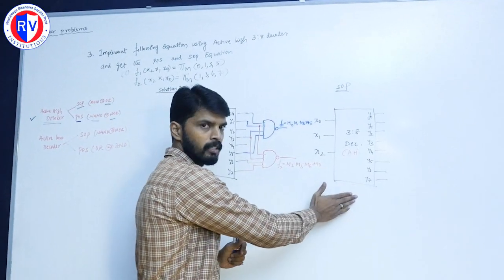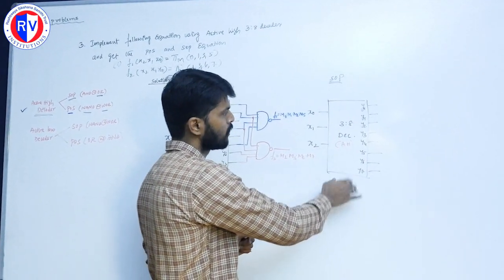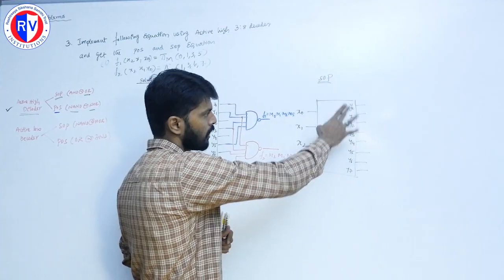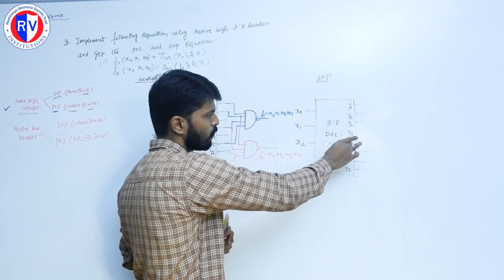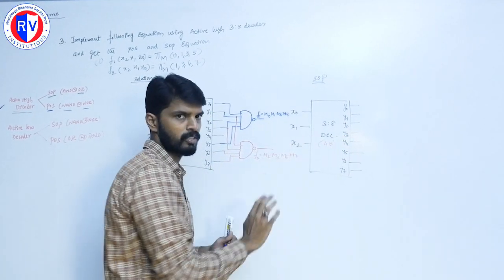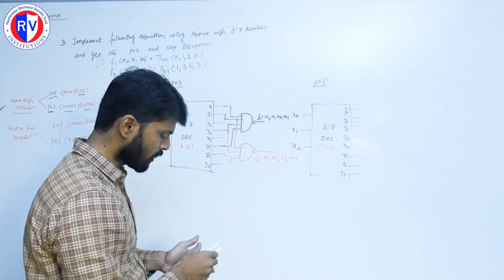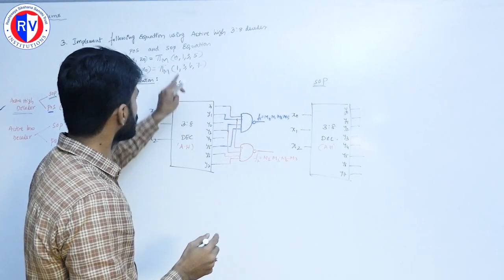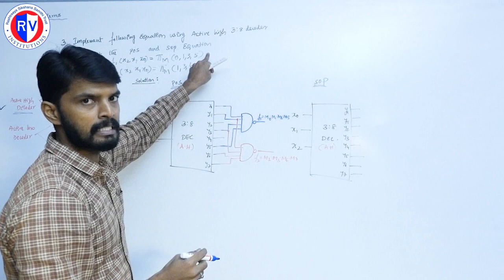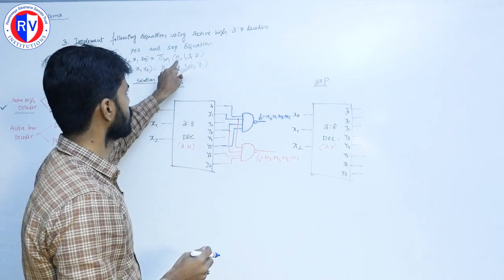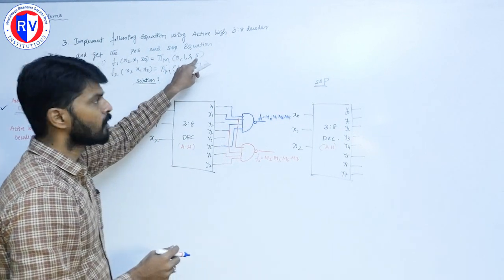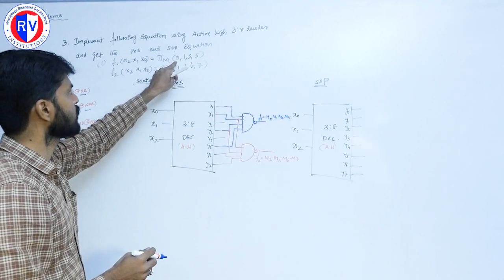Now in order to realize the SOP equation, we have inputs X0, X1, X2 and the outputs Y0, Y1, Y2, Y3, Y4, Y5, Y6, Y7, that is the 3:8 decoder. Here what we need to do is, whichever term is not present in the first equation. You see that 0, 1, 3, 5 is present. Which are all the terms left in case of 3:8?